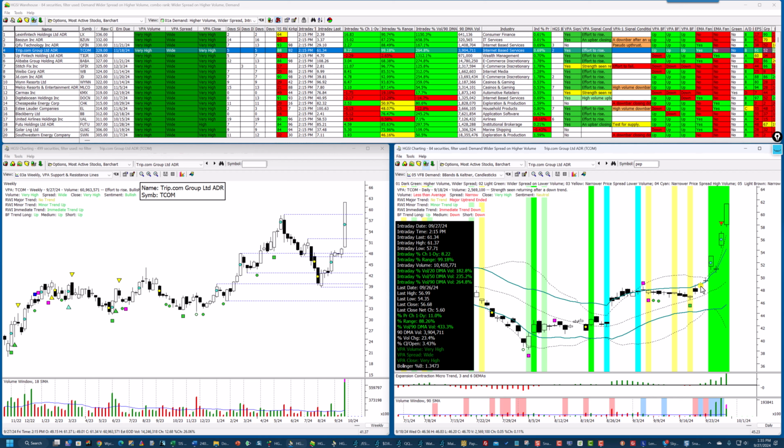One of my requirements is that they close at least at 50% of their daily range, and these three did not, but it was moving up after this VPA flag, and then here's the big move up, and it would be tough to take this trade after that gap up. But look, here's another gap and another gap.